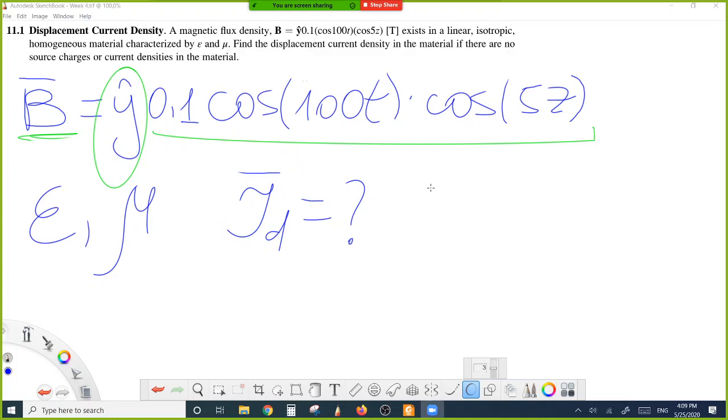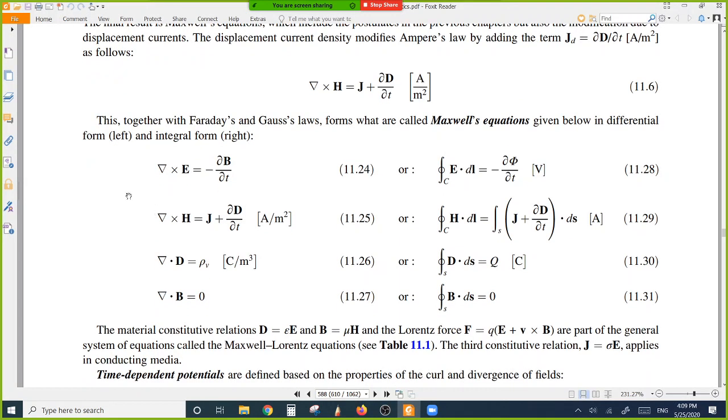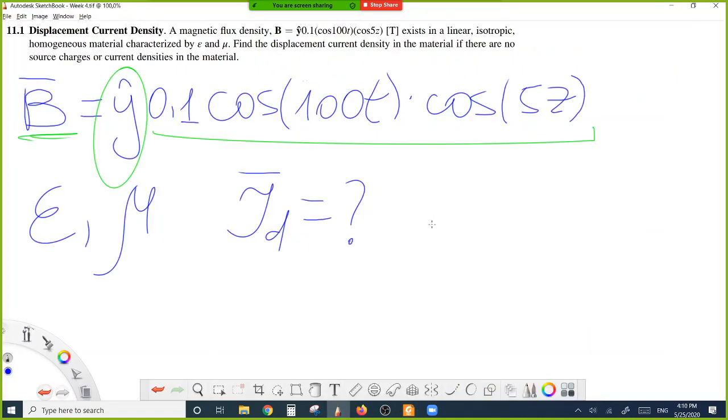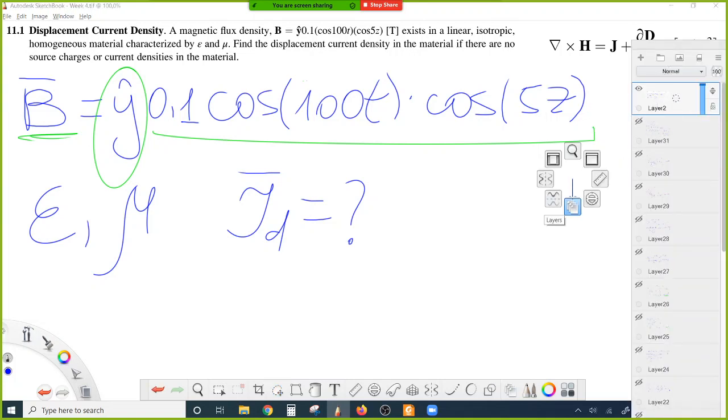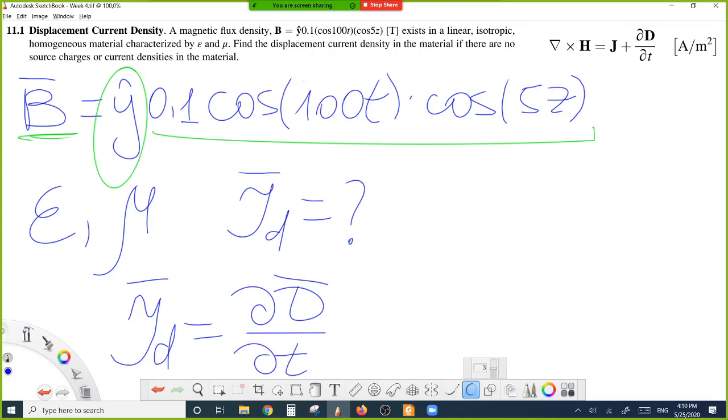So we know that JD equals dD over dt. Let me copy this and paste it here. JD is equal to the derivative of the electric flux density with respect to time.